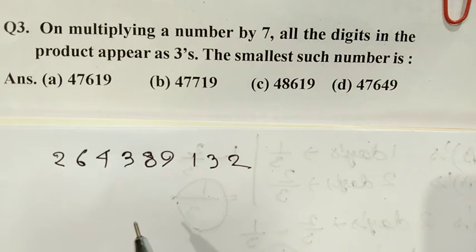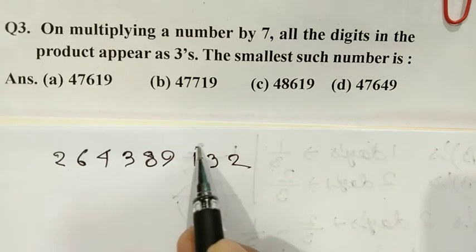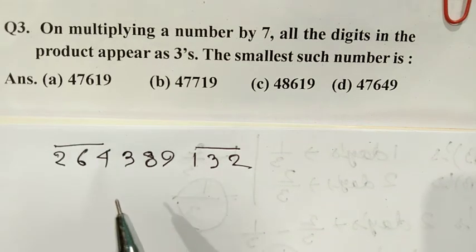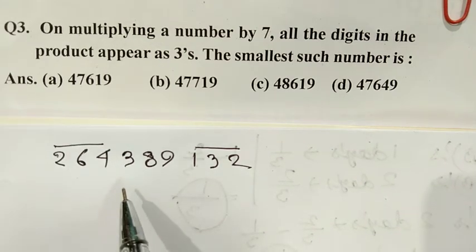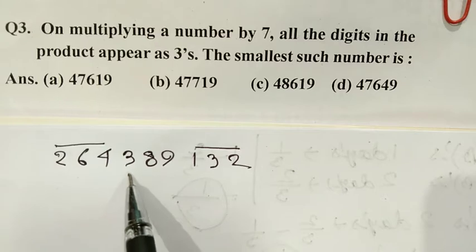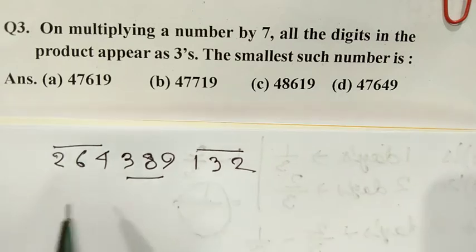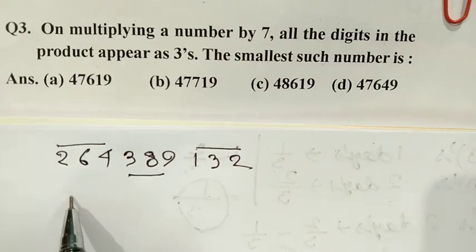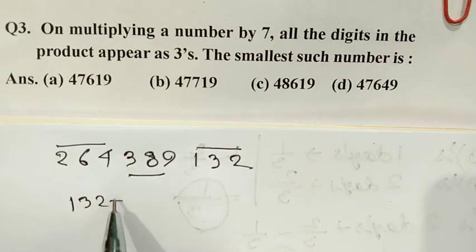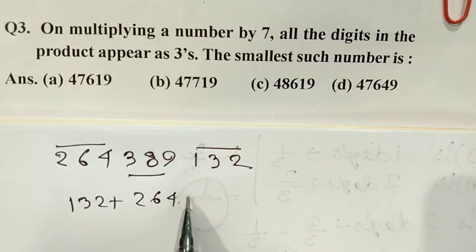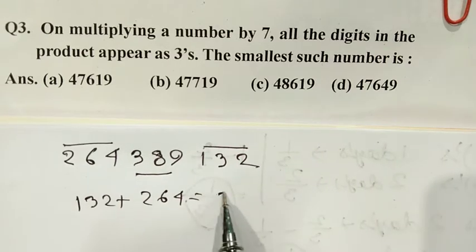First, group the odd places 3 digits, 3 digits, and the even places 3 digits separately. Now, the sum of odd places numbers is 132 plus 264 equal to 396.